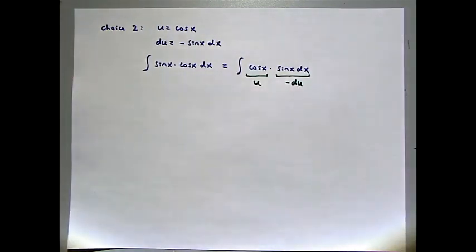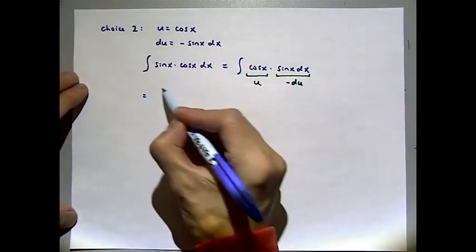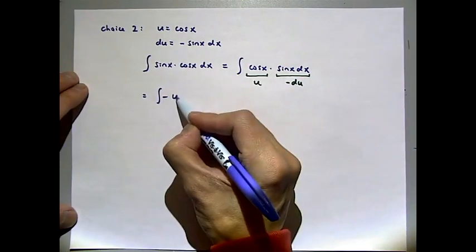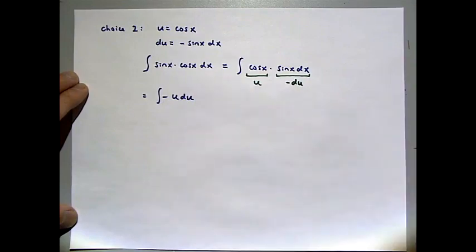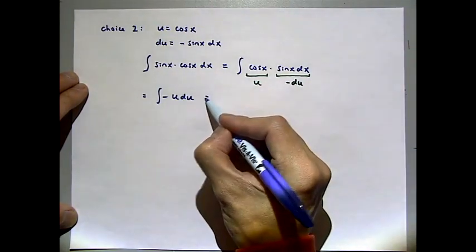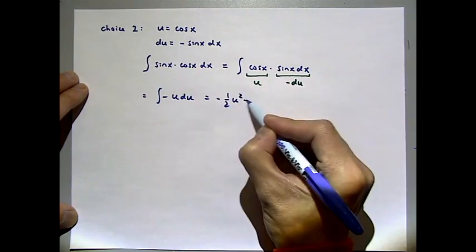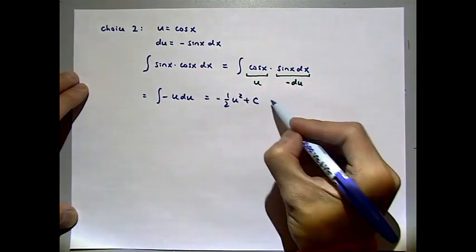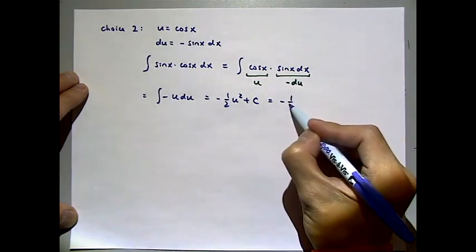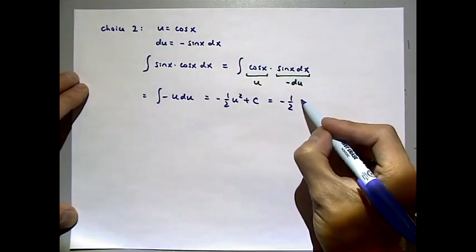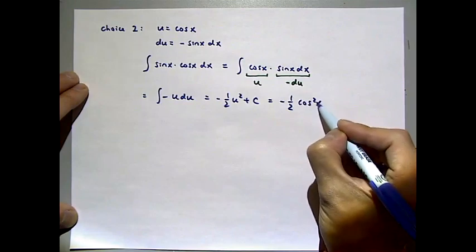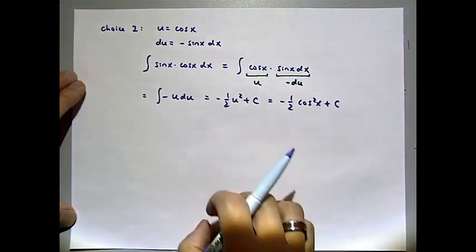Then I get negative du. Then we integrate negative u du, and we get -1/2 u squared plus c. This time u is cosine, so -1/2 cosine squared of x plus c. Right?